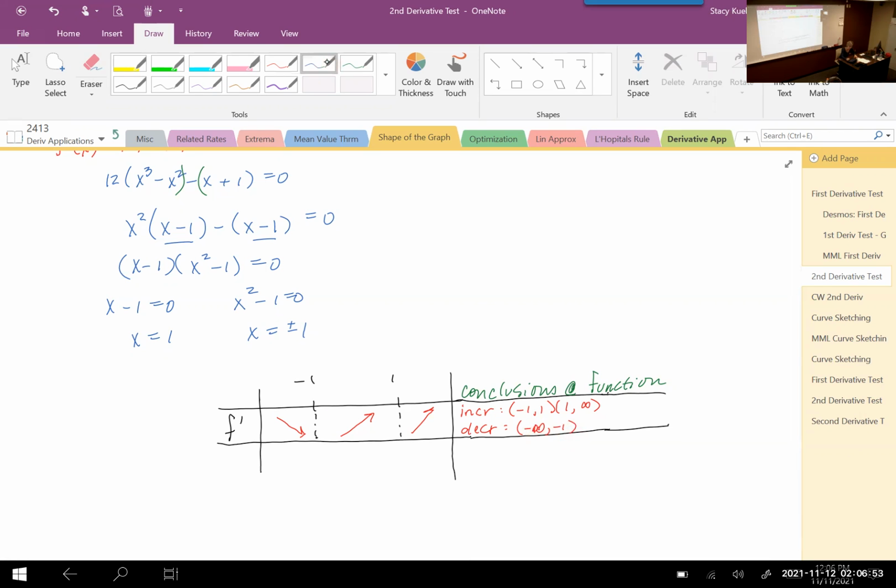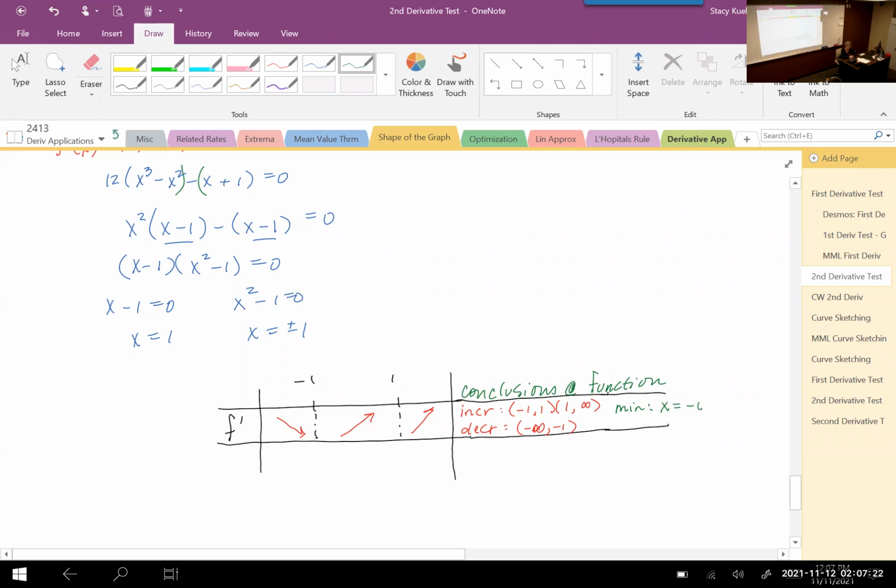And we also have what? This is where our extrema come in, right? So what do I know here? I have a minimum where? -1. All right, I have a minimum occurring when x is equal to -1.